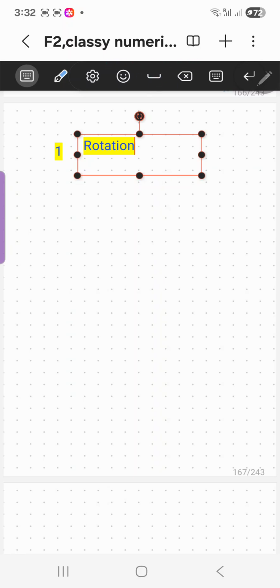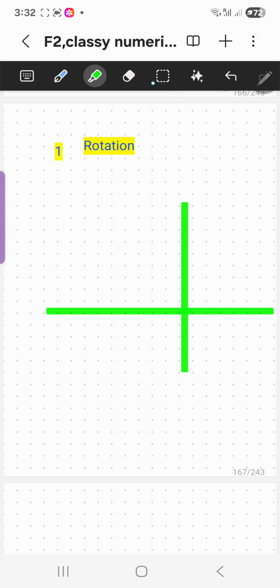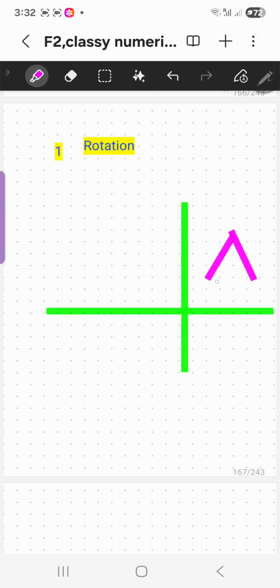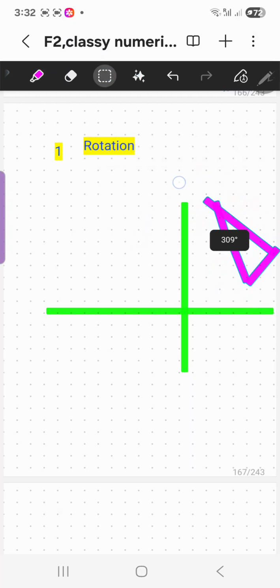And the rotation here, it's simply if we have an x-axis and a y-axis, and we have any shape like this, and he asks you to describe it as a single transformation. So we take this shape and we have to say the degree. It's maybe clockwise 90 degrees, maybe 180, maybe 270, or anti-clockwise.